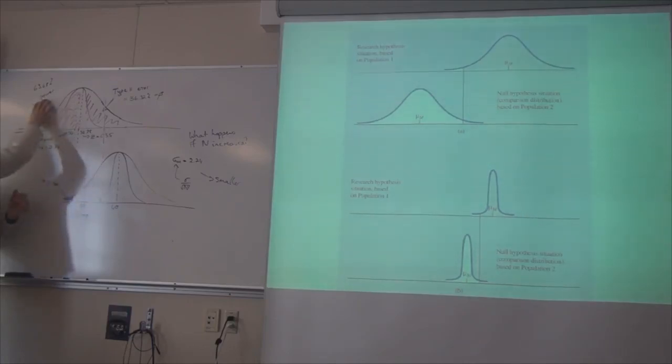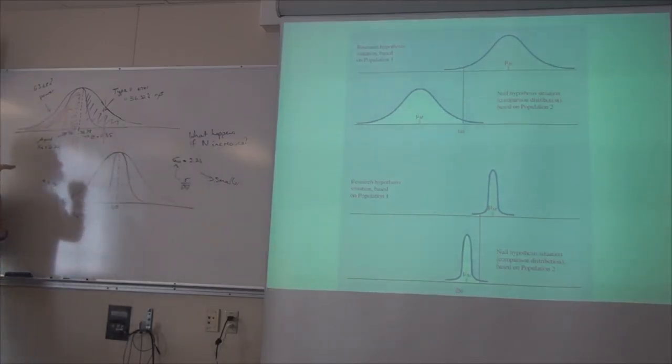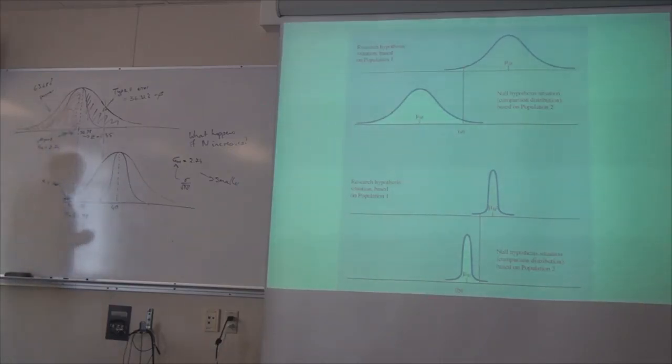I have my desired power value. I have alpha, of course, that I decide on. Those are the things I need, and I can calculate a minimum sample size that I would need to get that desired power. Now it's a little bit too complicated to do by hand, but all the factors are there.